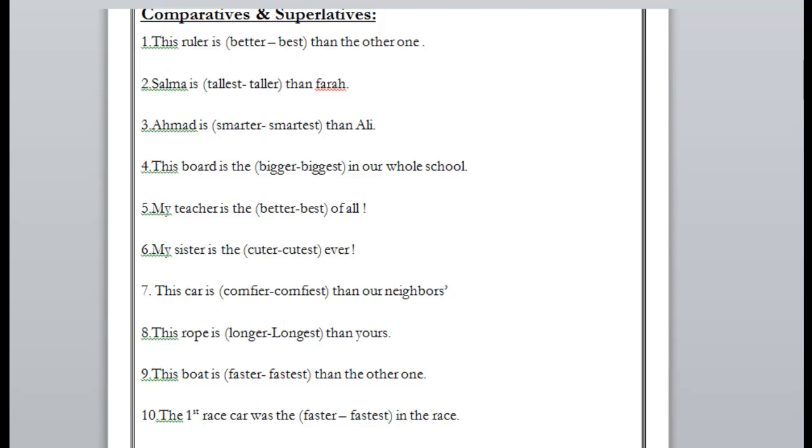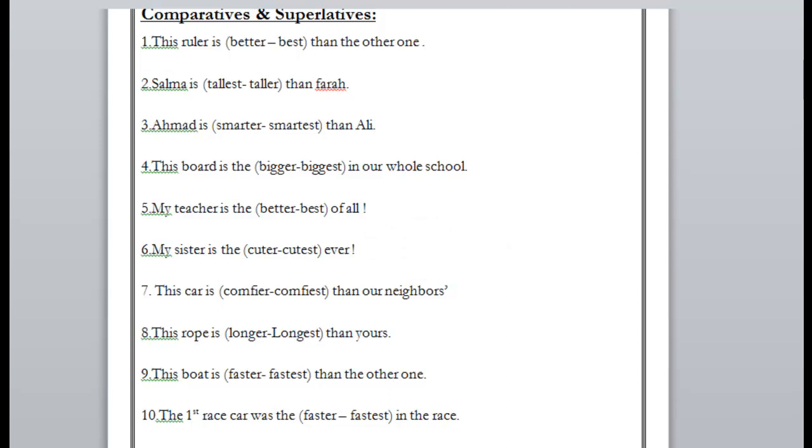The before the adjective, right? Than was after the adjective, okay? So the word the, when it comes before the adjective, we add what to the adjective? Yeah, est. So, should we choose my sister is the cuter ever or my sister is the cutest ever? Oh yes, the cutest ever. Good, guys.